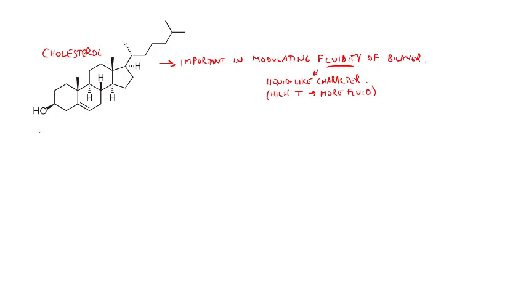So at the end of the last lecture, we drew this graph. We said that you can actually measure the fluidity of a bilayer as a function of temperature, and what you would see is a graph that looks something like this. The fluidity increases with temperature always, but there's this very well-defined, characteristic sharp transition that we call Tm, or the melting temperature.